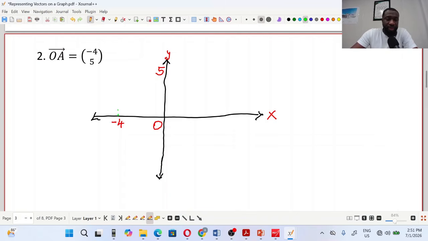So I'm moving from here, and 5 is here. So the point of intersection is going to be my A. And I know I'm moving from O all the way to A, so I use my arrow to show where I'm moving from. That's just basically how you represent it on the graph.